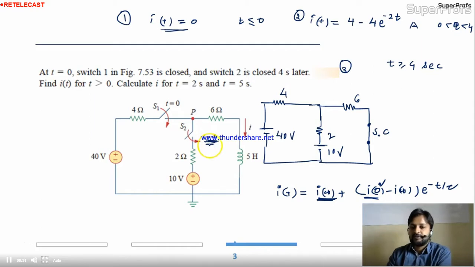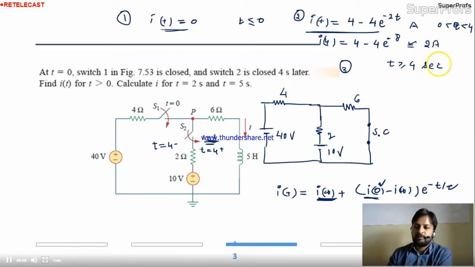It means before closing the switch, t equal to 4 minus, and t equal to 4 plus, the current will be the same. At 4 minus, what is the current? We can get the current value by this equation. I(4) is 4 minus 4 e to the power minus 8. So if we calculate this, it will be around 4 ampere. Okay.